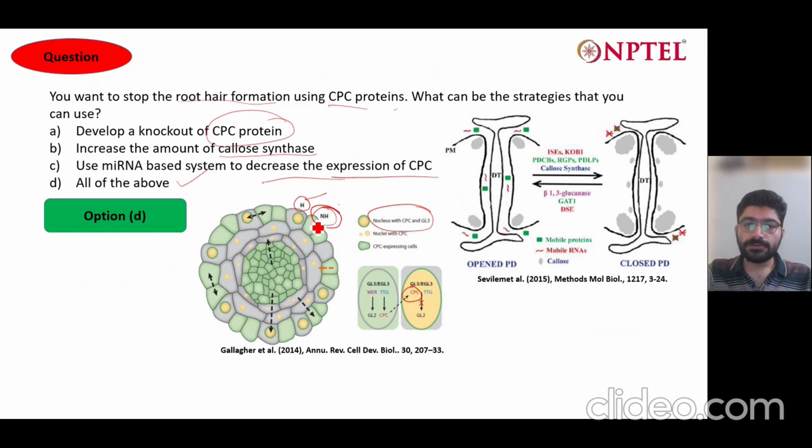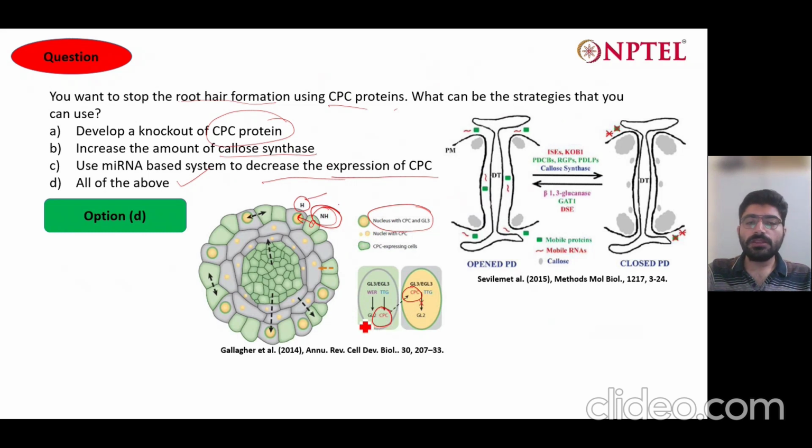So it is produced in these cells and it is transported to the neighboring cells via plasmodesmata.